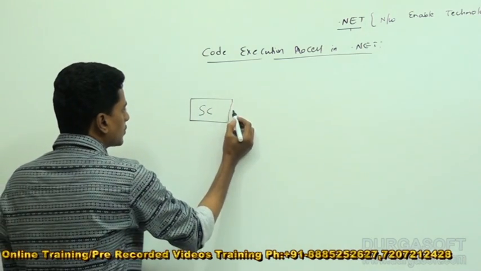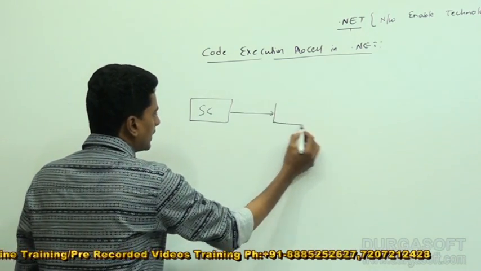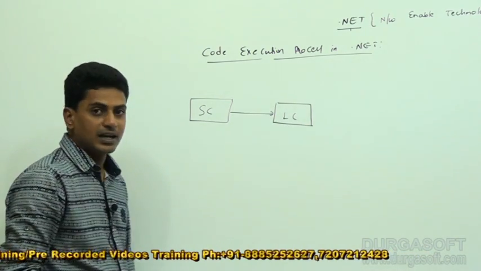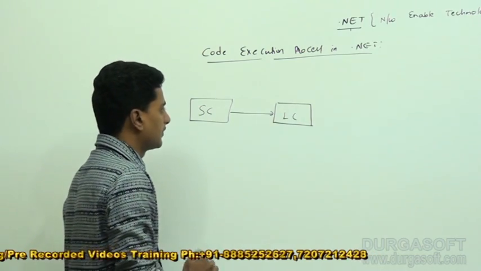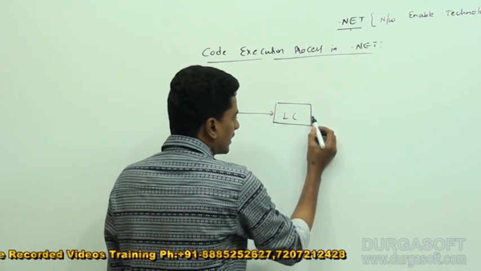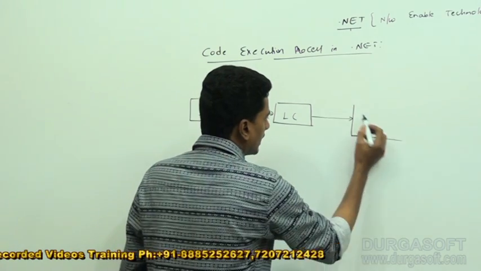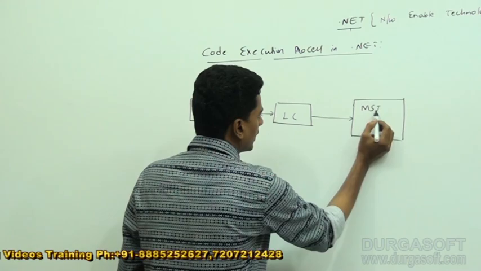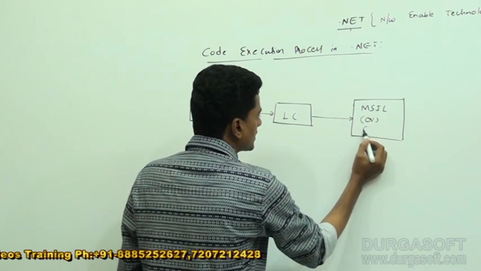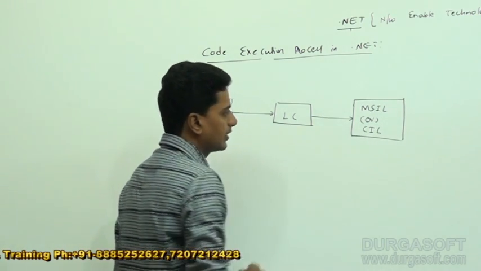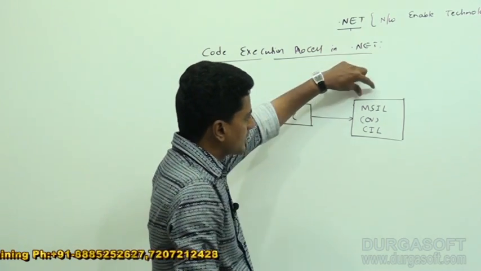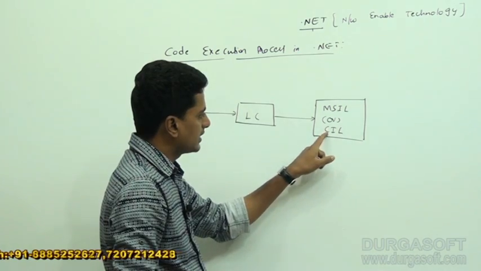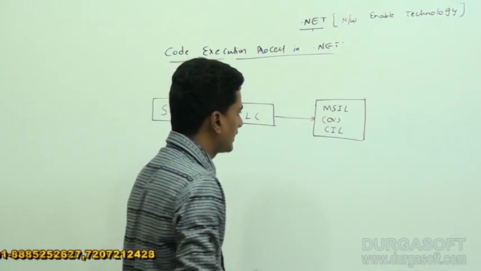Source code is compiled by the language compiler, because every programming language has its own language compiler, and after the language compiler it generates MSIL code, or CIL code, or else we can call it IL code. MSIL stands for Microsoft Intermediate Language, and CIL stands for Common Intermediate Language.